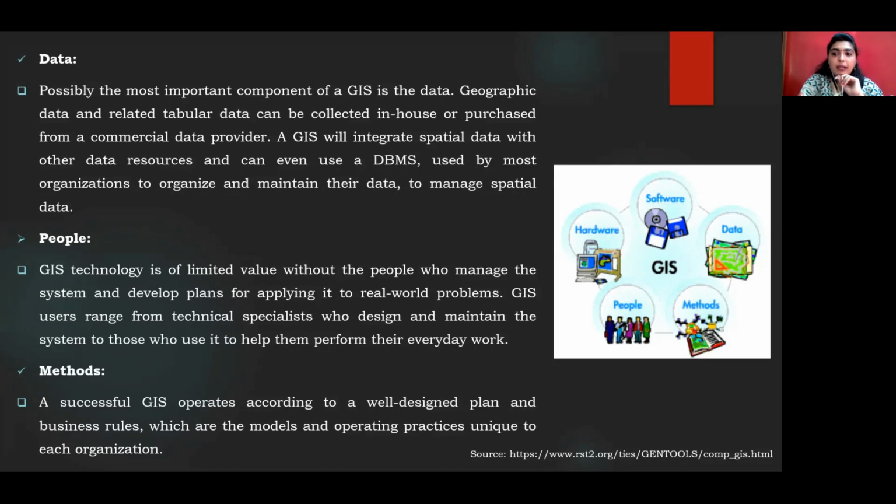Apart from that, the last component that we have is the method. Now, a successful GIS will operate according to a well designed plan and business rules, which are nothing but the models and operating practices unique to each organization.